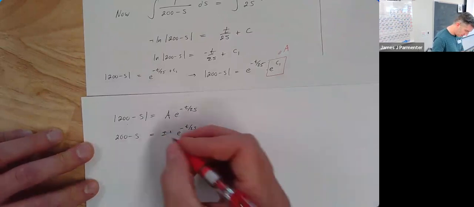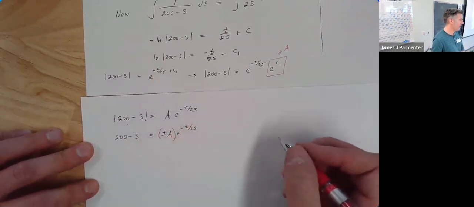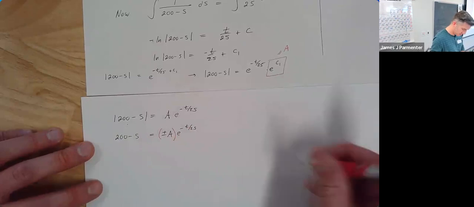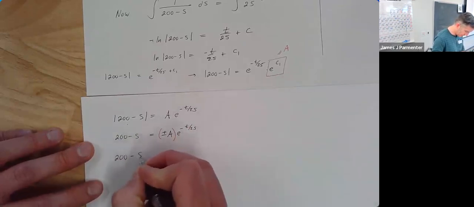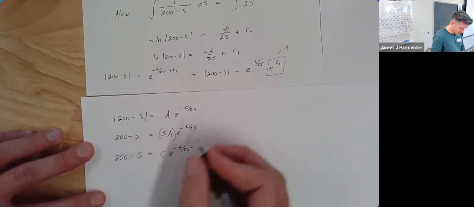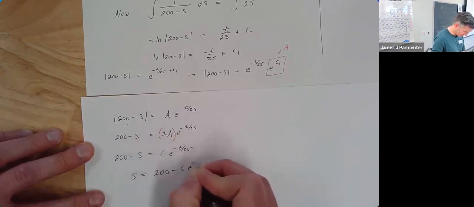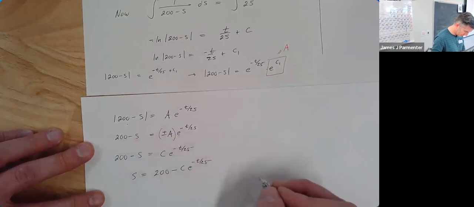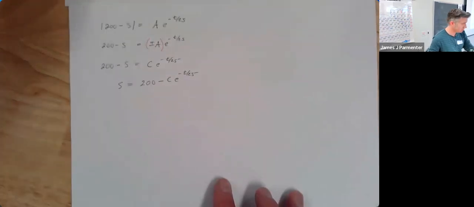And whatever plus or minus a is, we can just say, great, that's our final constant. So we end up getting 200 minus s equal to c e to the negative t over 25, which solving for s gives us s equal to 200 minus c e to the negative t over 25. And there is the general solution to our differential equation.